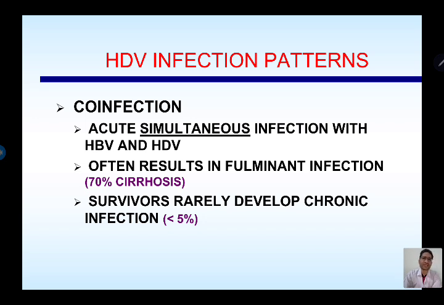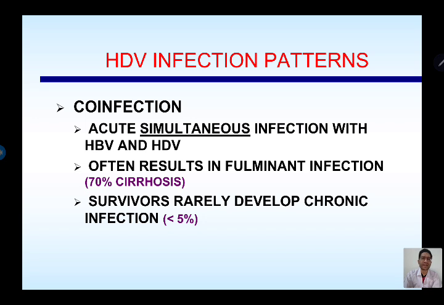Hepatitis D virus infection patterns. Co-infection: acute simultaneous infection with hepatitis B virus and hepatitis D virus often results in fulminant infection, 70% cirrhosis.